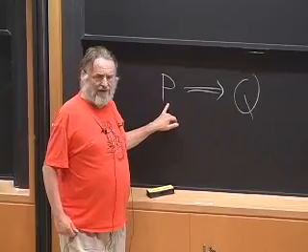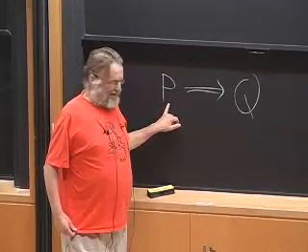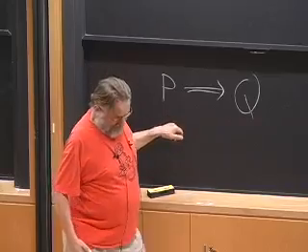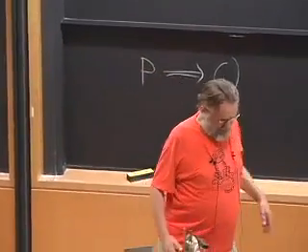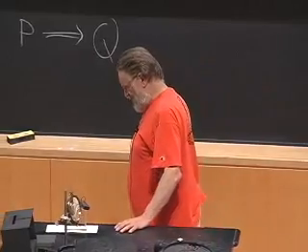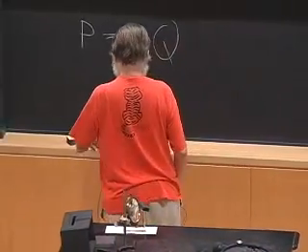I start by assuming P. So if it implies any evidence, it must be some sort of circular evidence. Nonetheless, it's really a quite convincing argument in some circumstances.